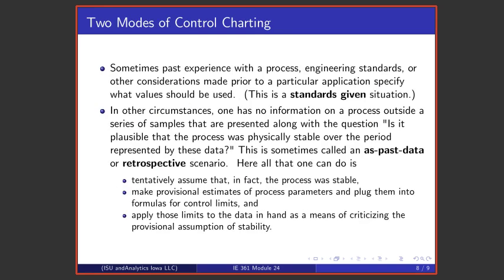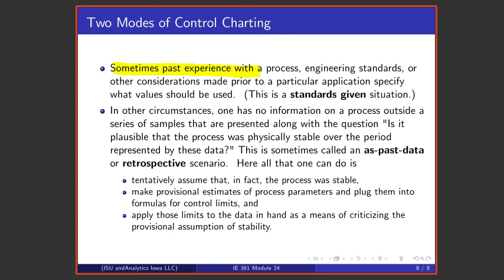There are basically 2 possibilities. Sometimes past experience with a process will give one an idea of what the process parameters are, what an average is, what a standard deviation is.